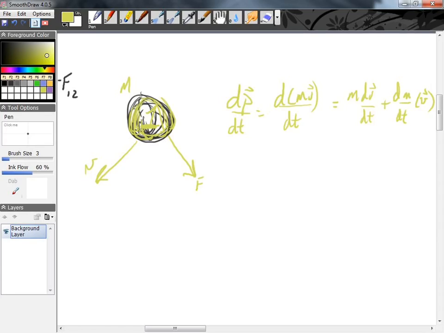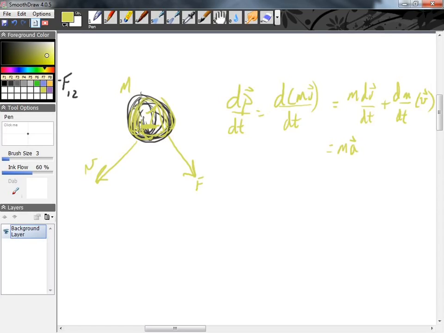This dp/dt is the time derivative of our momentum. What is dv/dt? It's our acceleration. So mass times acceleration.